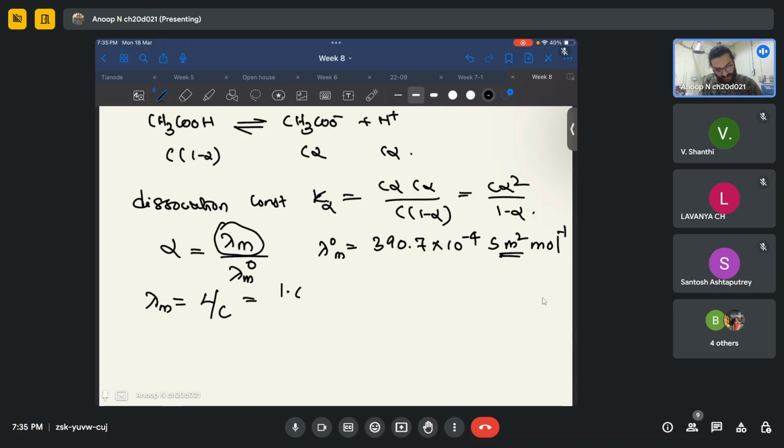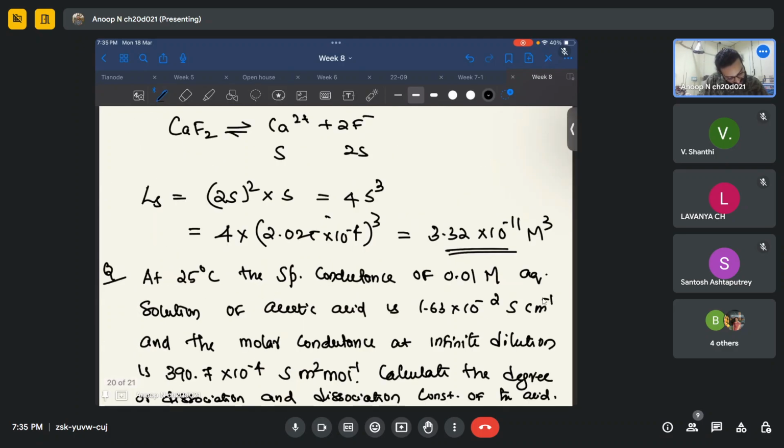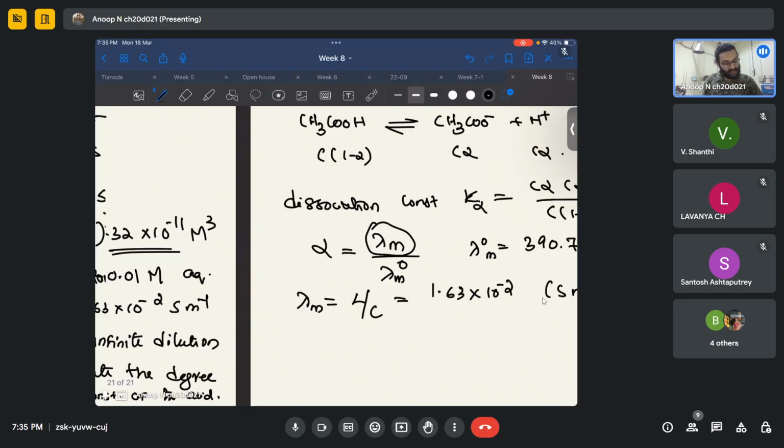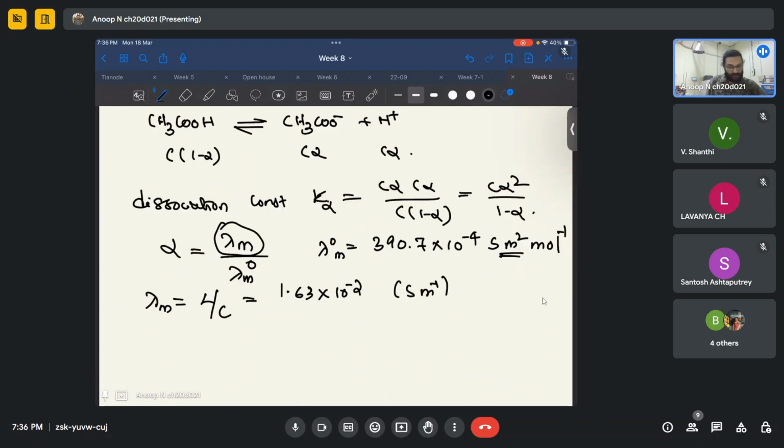So 1.63 into 10 raised to minus 2, which is Siemens meter raised to minus 1, right? It's not centimeter, it's given in meter. So I have written it wrongly. Please correct it: Siemens meter raised to minus 1. Because all other units you can see in the problem, they won't mix it up mostly. Divided by the concentration, which is given in molarity, so 0.01 moles per liter.